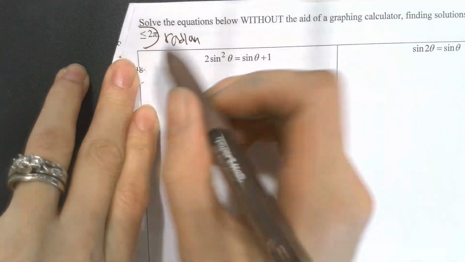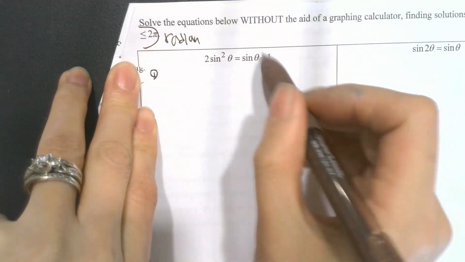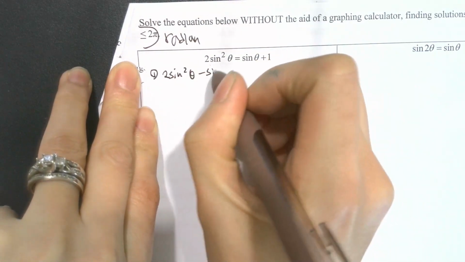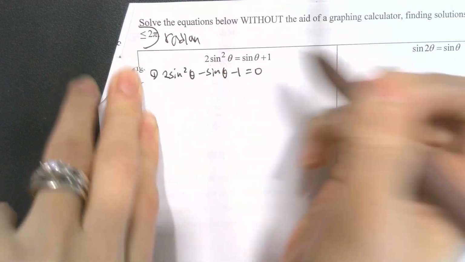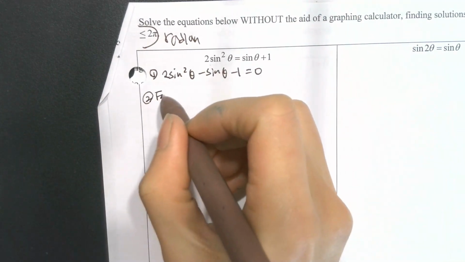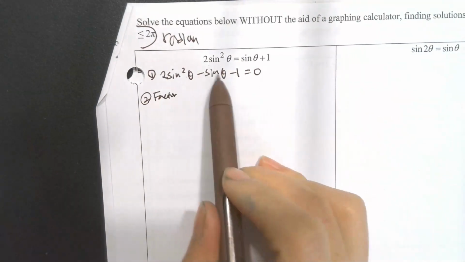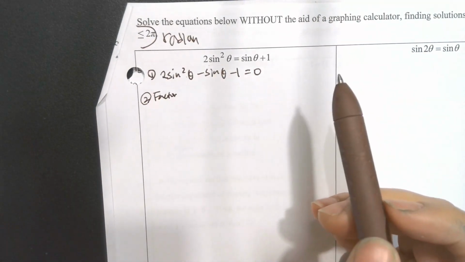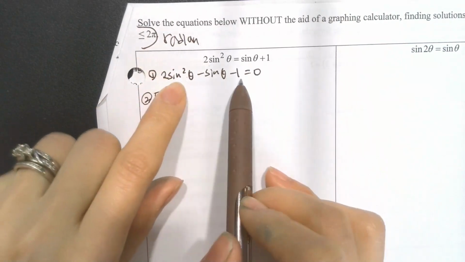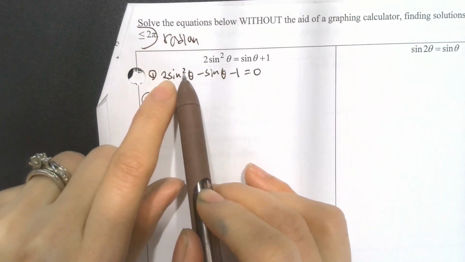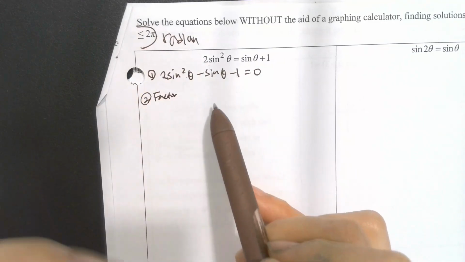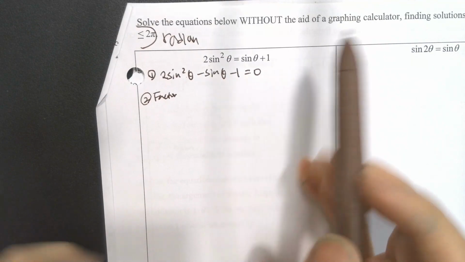There is my equation. Number 1, set it equal to 0. Move everything to the left side of the equal sign. So 2 sine squared theta minus sine theta minus 1 is equal to 0. Let's factor. Greatest common factor 1. Determine which factoring method you want to use. Notice a trinomial with the exponents 2, 1, it doubles. So I'll probably want to use the ACB chart, like the one we did on the previous page.